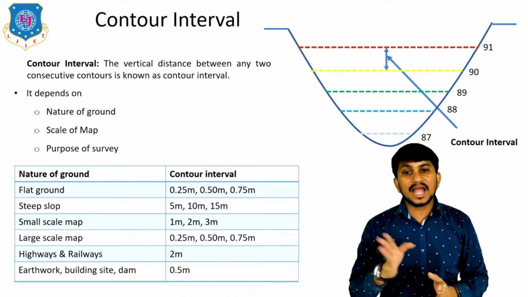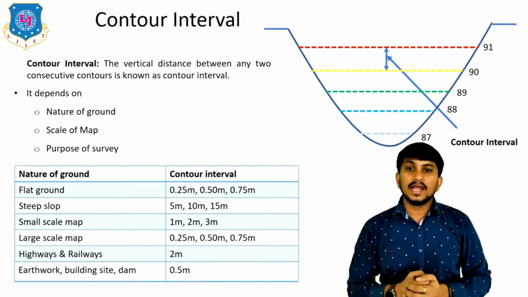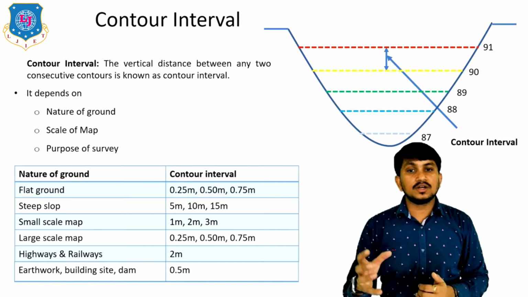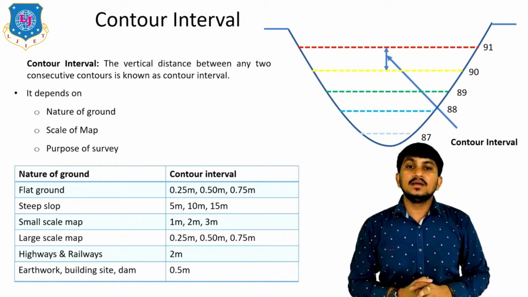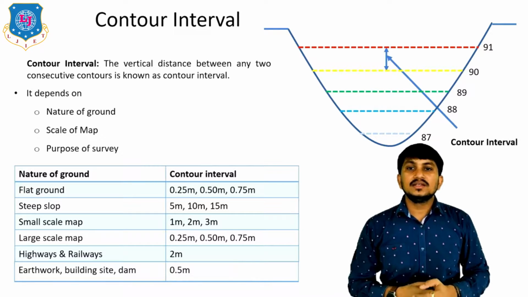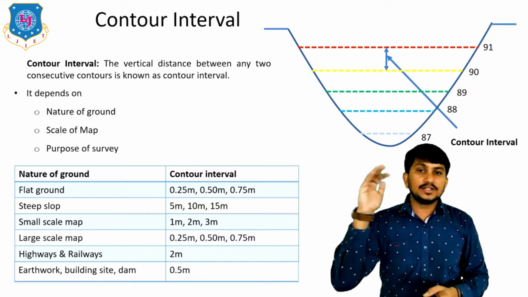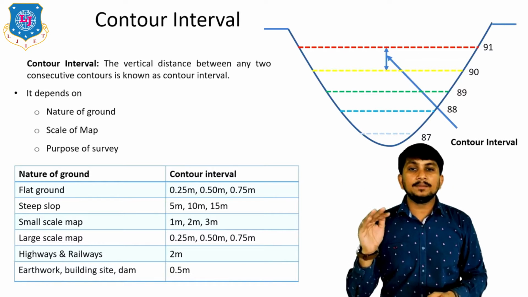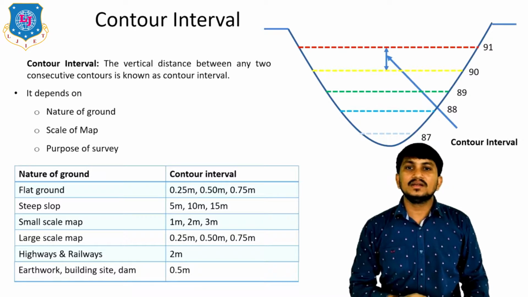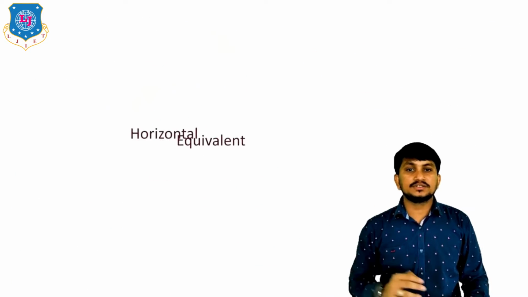For purposes like highways and railways, contour interval should be selected as 2 meter. And for purposes like earthwork, building site, or dam, contour interval is selected as 0.5 meter. So it basically depends on these three factors: nature of the ground, scale of the map, and purpose of the survey. Next term is horizontal equivalent.